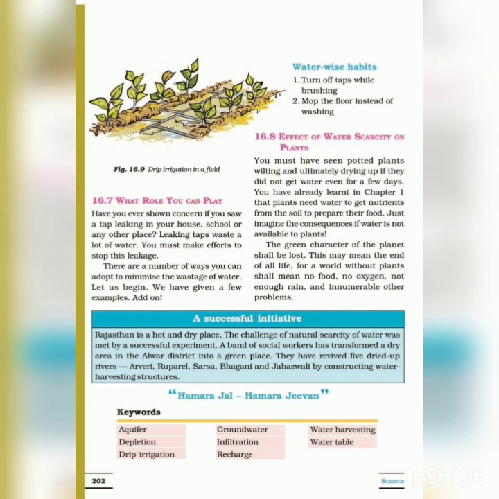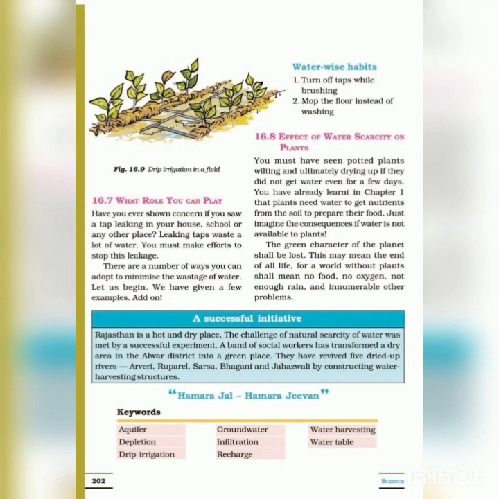Next thing, water table. The process of water seeping into the ground is called infiltration. The ground is muddy with water. The muddy water that is present is known as the water table.